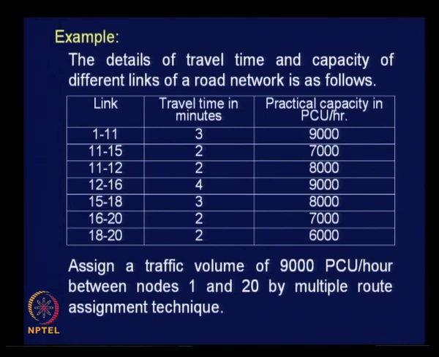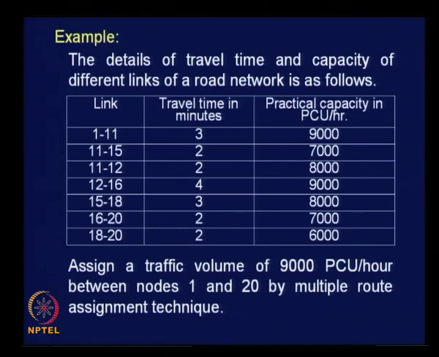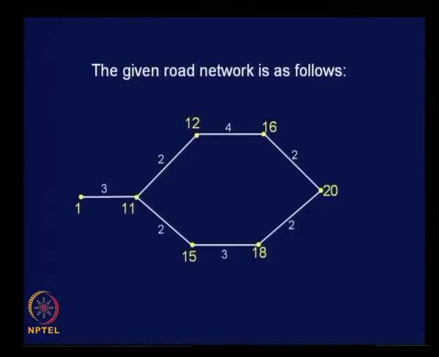Since we have just node numbers used to designate links, it will be convenient for us to make a sketch of the given information to understand the problem better. You sketch out the route network based on the information given in column 1, link information. If you do that, you will get this figure.